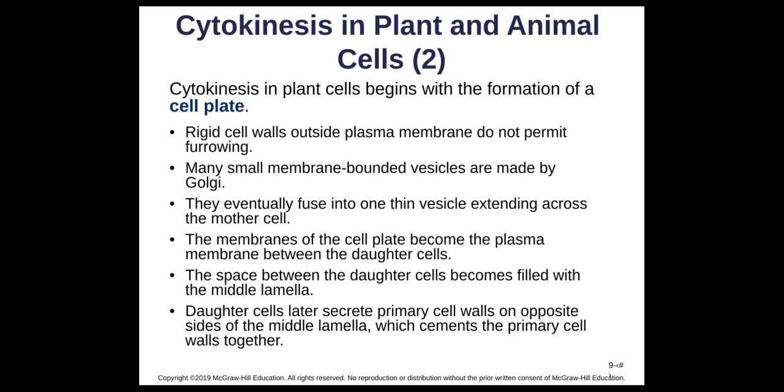Or I guess those fused Golgi vesicles become that cell plate that then will become the plasma membrane separating the two cells. That little space in between is called the middle lamella, and then there will be cells that will make cell walls on the outside into that middle lamella, which will then become the cell wall.